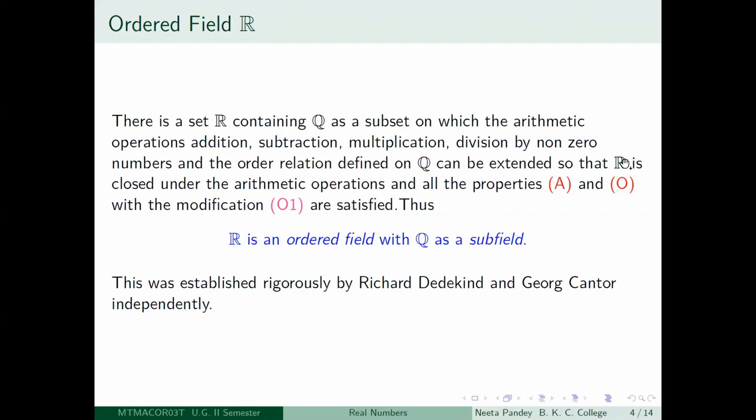How do you extend this? That is not what I'm going to describe, but this extension will actually satisfy all the properties which were satisfied in the number system Q, that is, all the arithmetic properties and all the order relation properties would be satisfied.